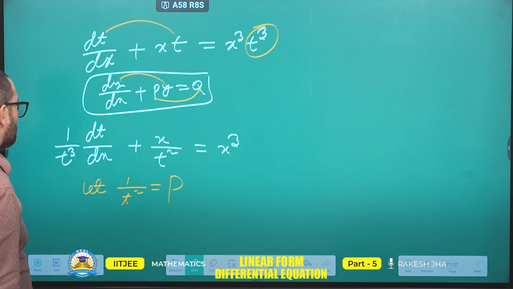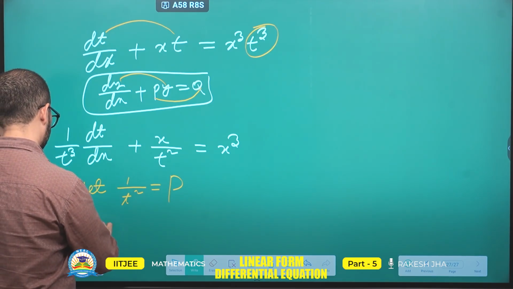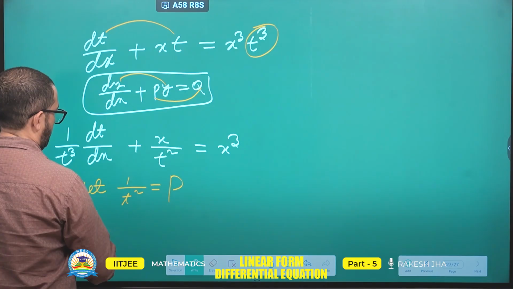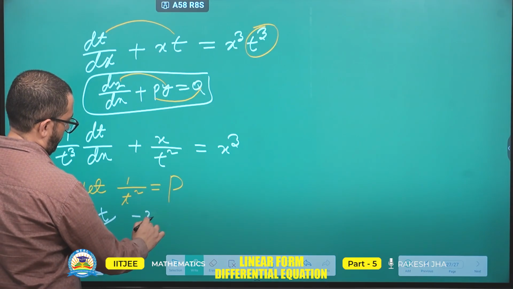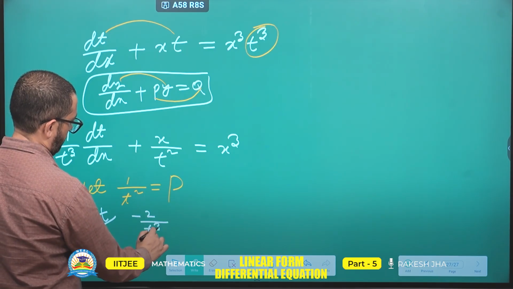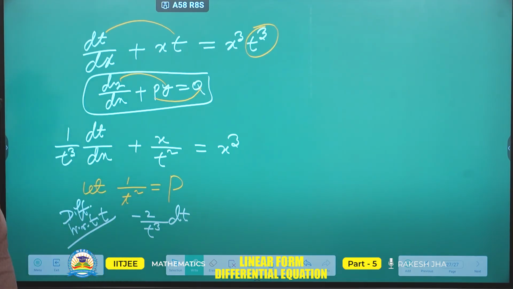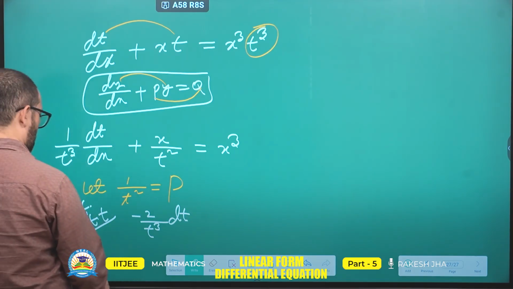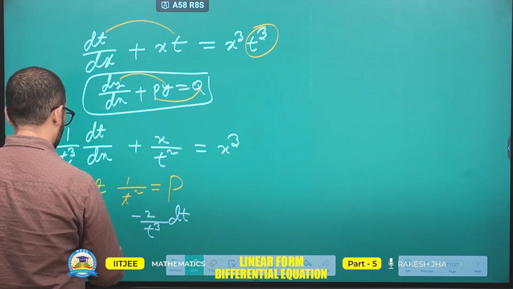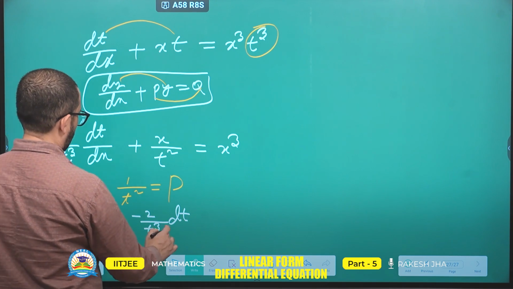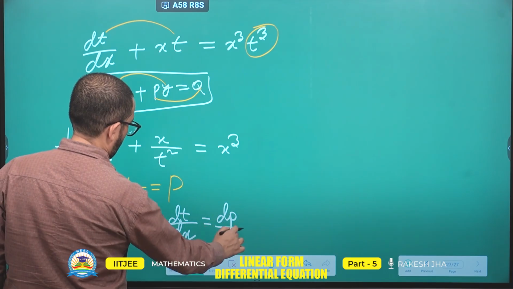Okay, so if you differentiate with respect to t here, minus 2 upon t cube dt by dx. Actually we have to differentiate both sides with respect to x. So dt by dx is equal to dp by dx.